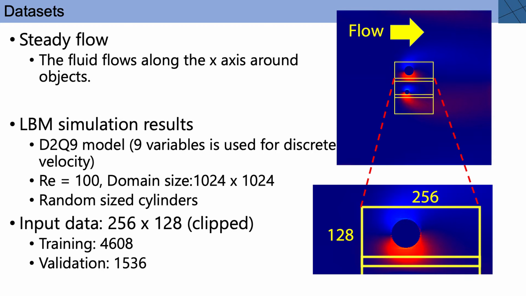Since it is difficult to train models using large-size data, we clip data with a size of 256 times 128 from the original data. We split about 6,000 data into a training dataset and a validation dataset.